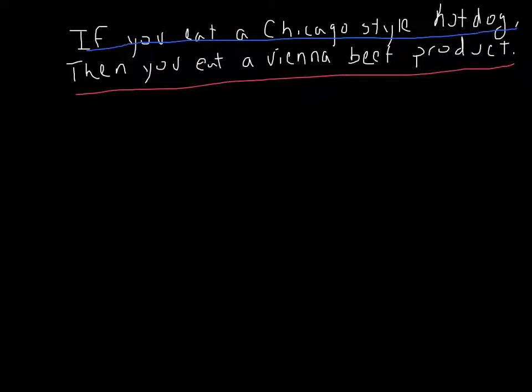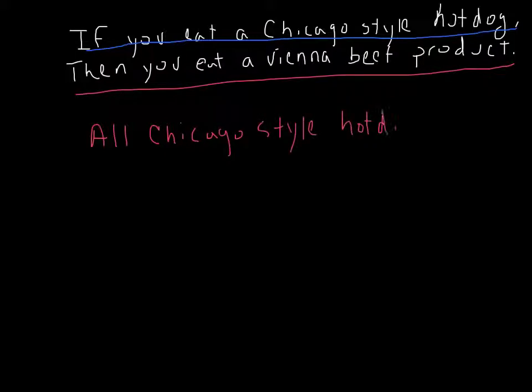All right, so now how do we rewrite this? We can rewrite it this way: all Chicago-style hot dogs are Vienna beef products.